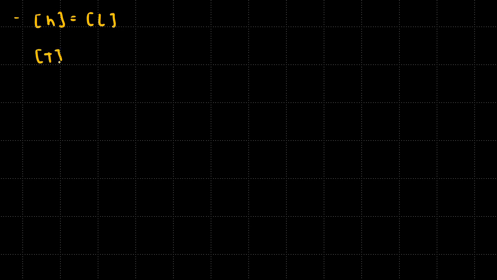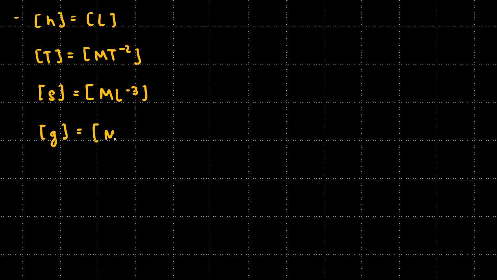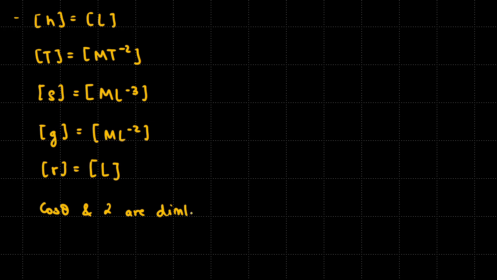The dimension of surface tension, using the most common formula, is force upon length, so it will be MT^-2. And then we have density, rho, which is mass upon volume, so ML^-3. Then g, acceleration due to gravity, has the same dimension as acceleration. Radius is a length, so it has the dimension L. And here cos theta and 2 are dimensionless, since trigonometric functions and numbers don't have dimension.